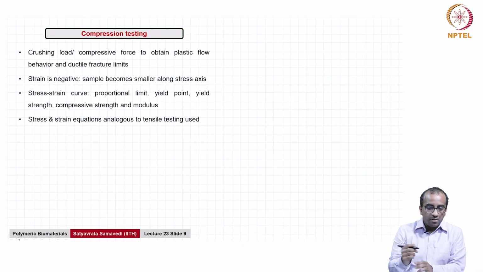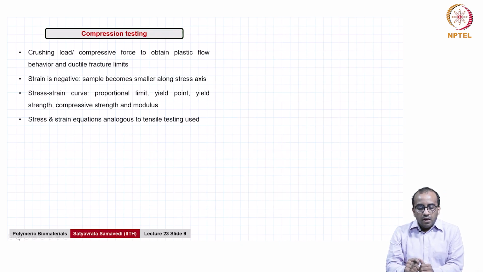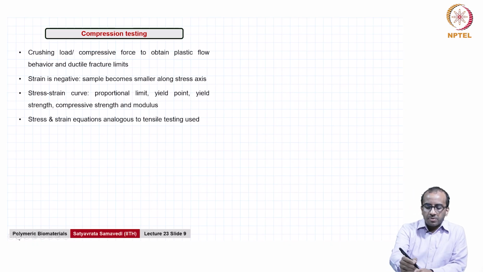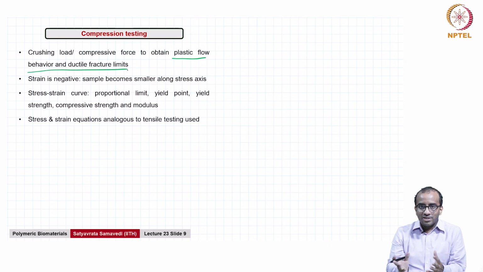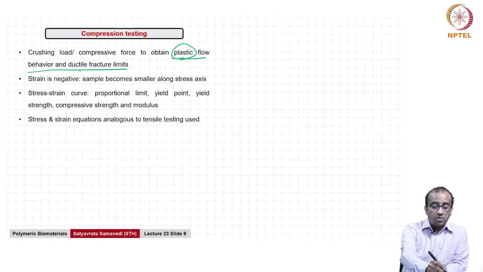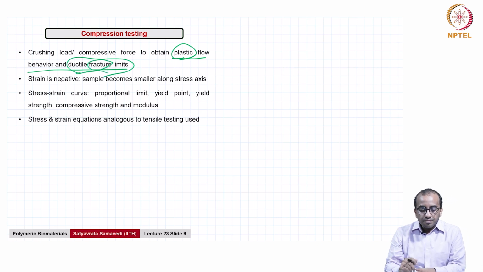So, we will quickly look at compression testing, where you are applying a crushing load or a compressive force primarily to obtain plastic flow behavior and the ductile fracture limits. Now, all these words should make sense because we have looked at what plasticity is, we have looked at what ductile behavior is, we know what fracture is.